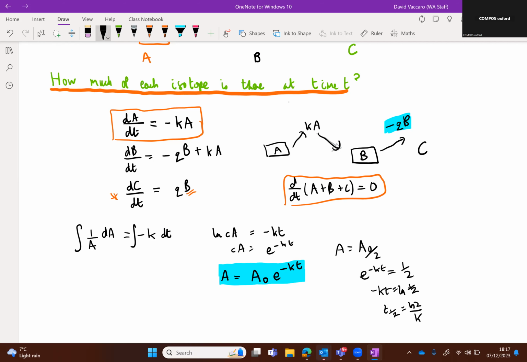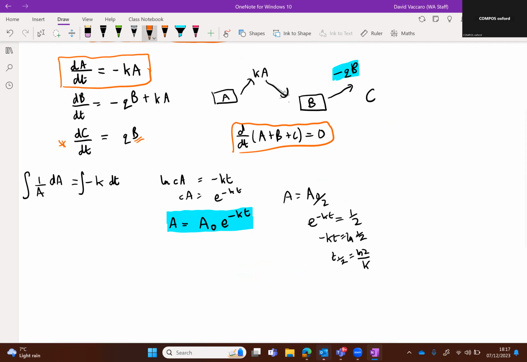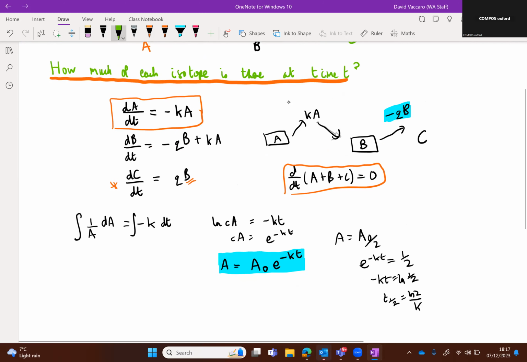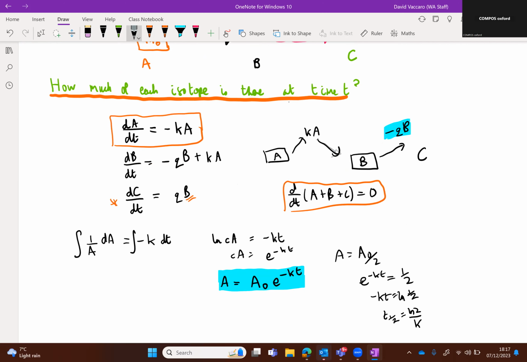Notice that it checks out: if K is large, so if the material is decaying quickly, then the half-life is short.